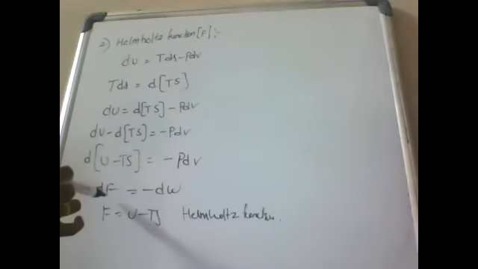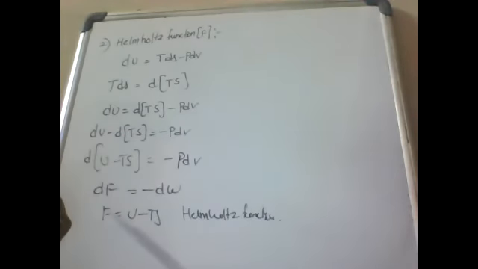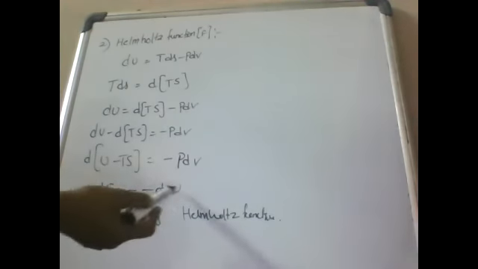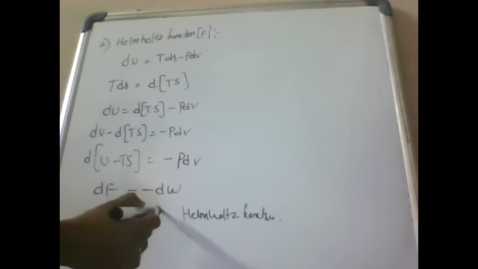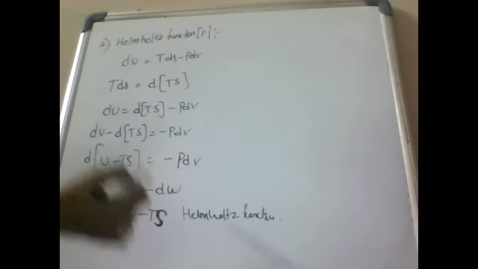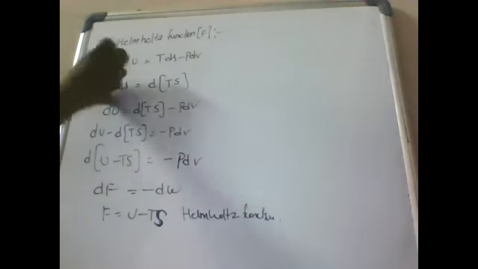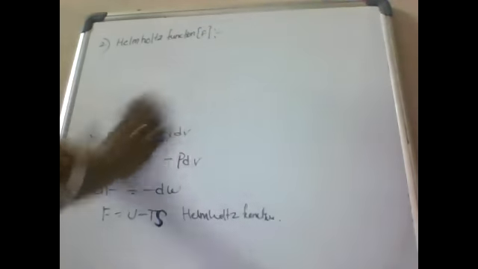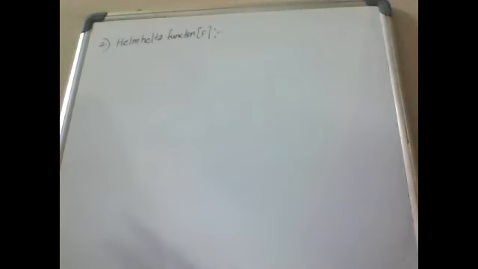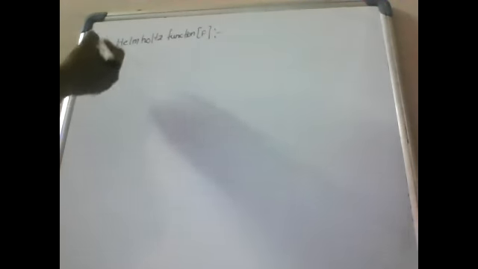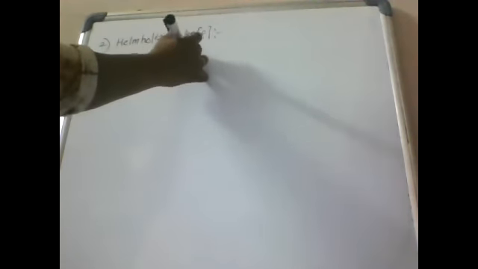So this value we can define as dF equals minus dW, because minus PdV we can write as minus dW. So F equals U minus TS. So this is the Helmholtz function.